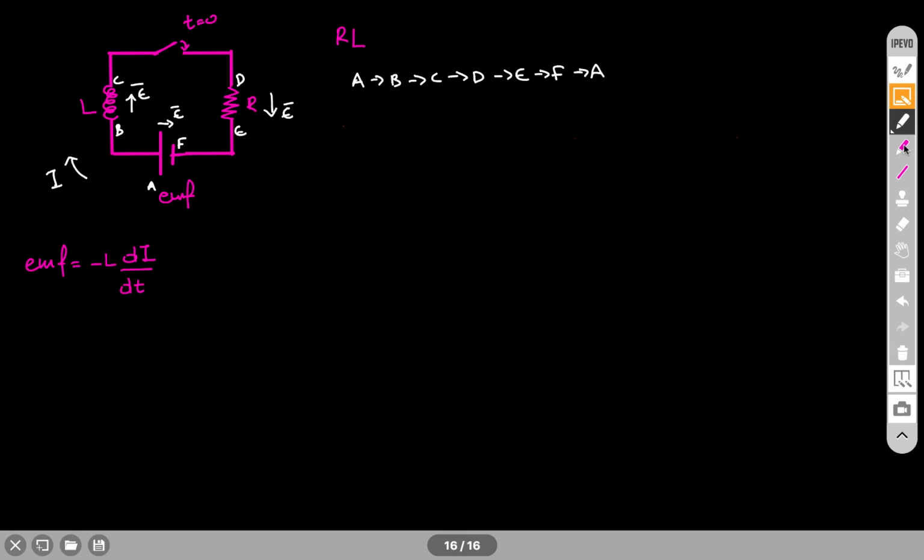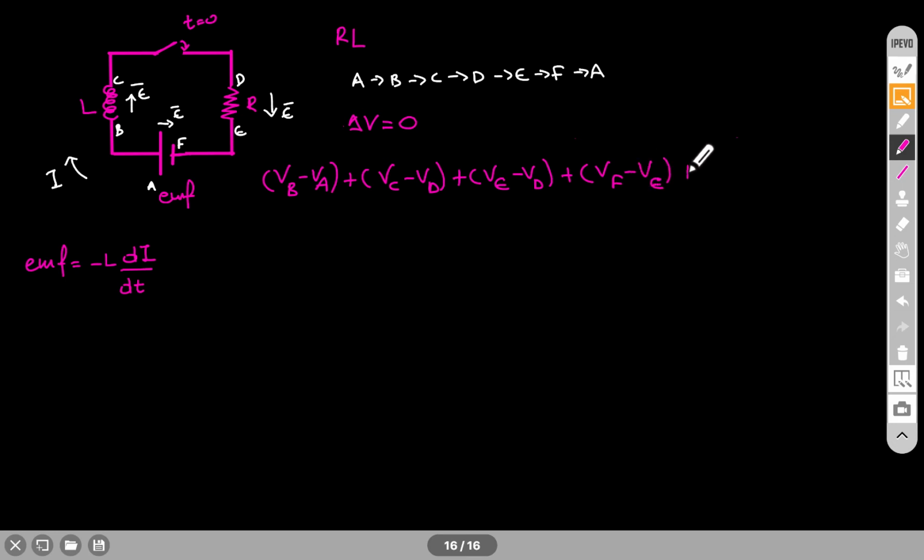Now I'm going to apply Kirchhoff's loop rule, where delta V around the loop is 0. This is the loop I'm going to follow, and this means I will have VB minus VA plus VC minus VD plus VE minus VD plus VF minus VE, and then after F, I think I forgot something.